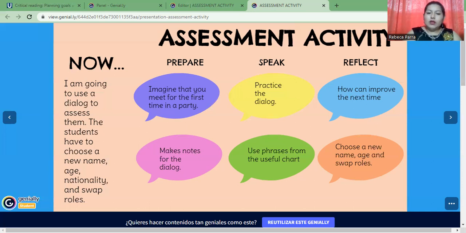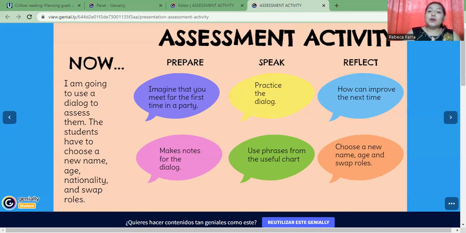Now, the question is how to apply the principles of assessment to this activity. Well, in several ways. For example, the dialogue respects the practicality principle because it's easy to design. The students only follow the model that I provide them during the classes.